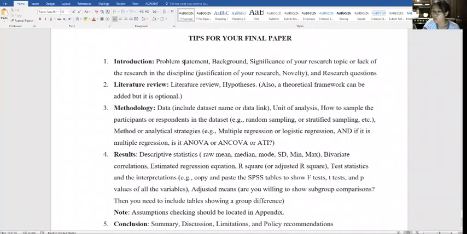When you write your final paper, the introduction includes problem statements and some background about the topic, why your topic is important, and how you can improve the current literature on the topic by conducting your study, the importance of your study.